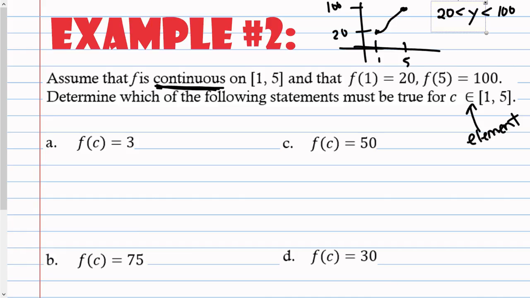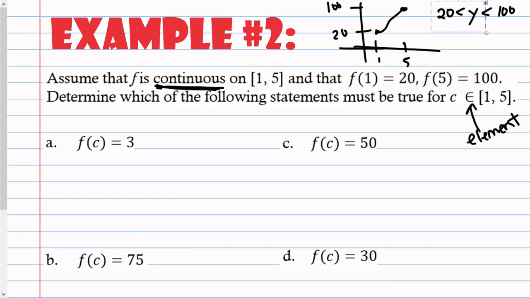If I'm starting at 20 and want to get from 1 to 5, I have to move up to 100, so my y value has to be between 20 and 100. I'm not going to skip from 30 to 45 because this is a continuous function. So 20, then at some point 21, 22, 23, 24, all the way to 99 and then 100. I'm basically breaking down what is being said here.